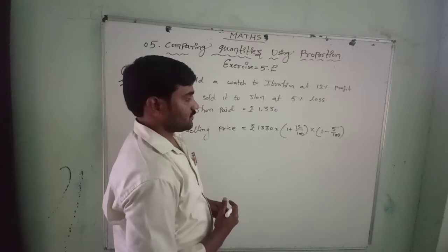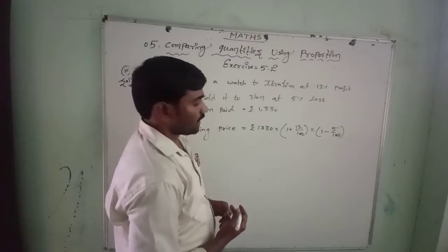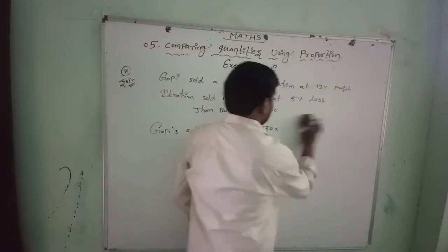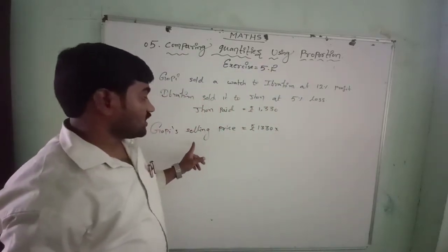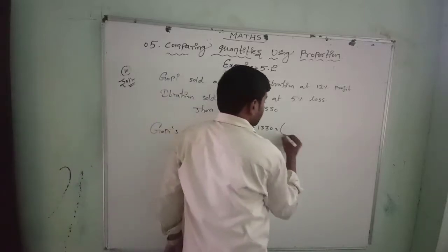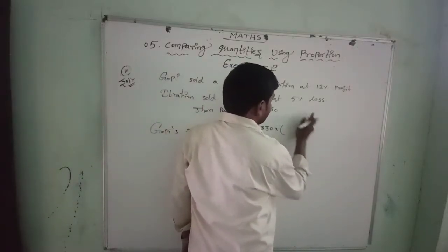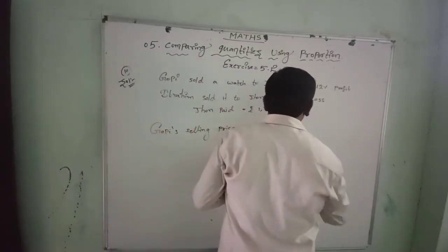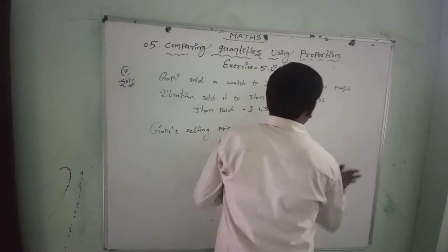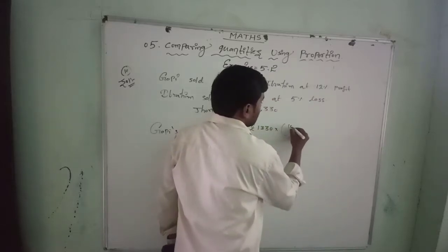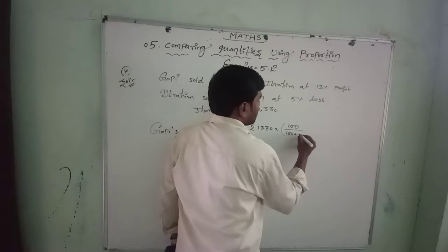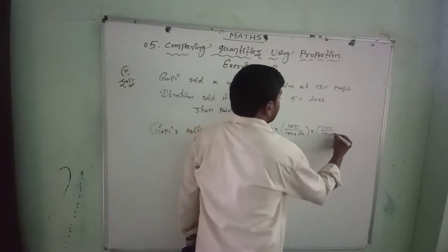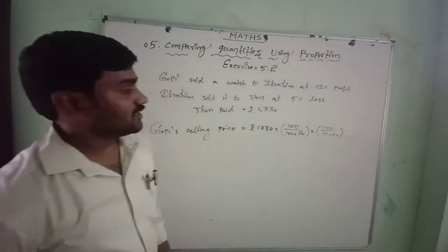Not like this, sorry, we have to go for the reverse of it. So for this selling price, 100 by 100 plus profit percentage into 100 by 100 minus loss percentage. This you have to do.